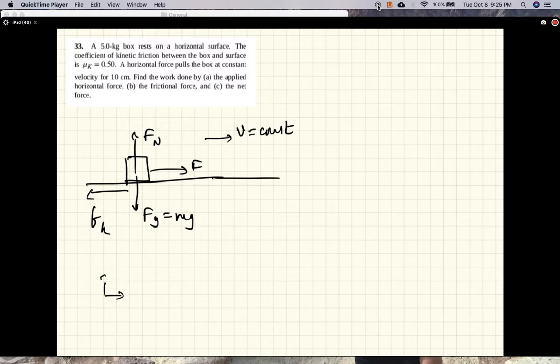Okay, so the normal force is equal to mg, since the box is not moving in the vertical direction, this force is balancing that. And the friction force is mu k times the normal force, which is equal to mu k times mg.